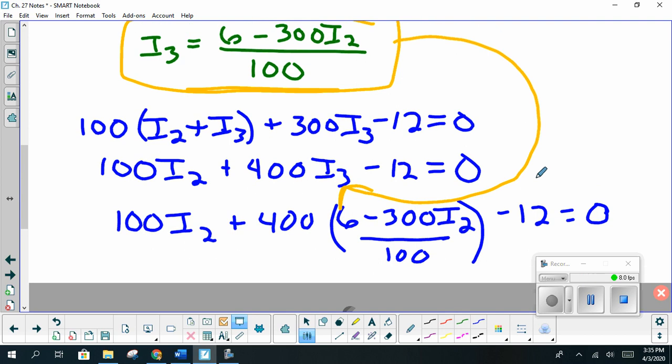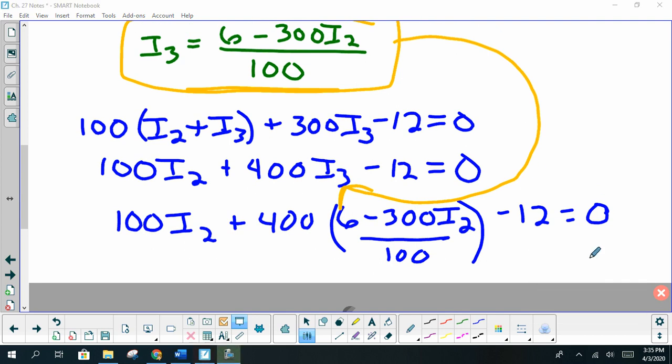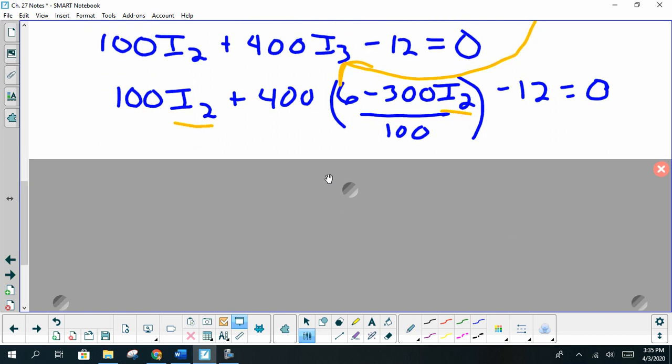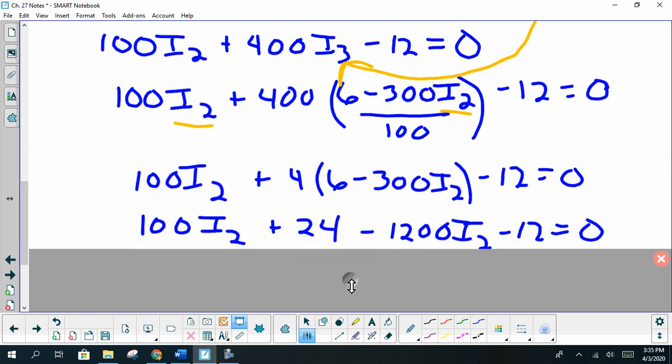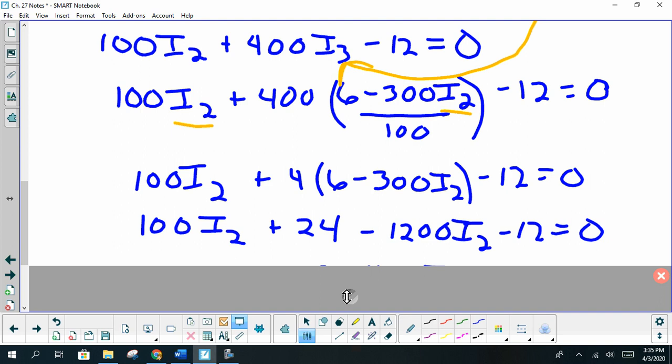I keep thinking I need to scroll up when I really don't. So we substitute that in right there for I3, and you can see now that I have an equation. It's a little ugly, but not too bad, and it is simply in terms of I2, which is going to allow us to solve for current 2. So at this point, just plug and chug, just algebra that whole thing out.